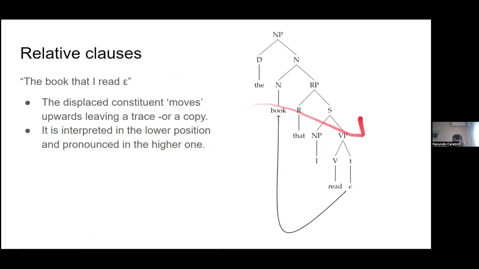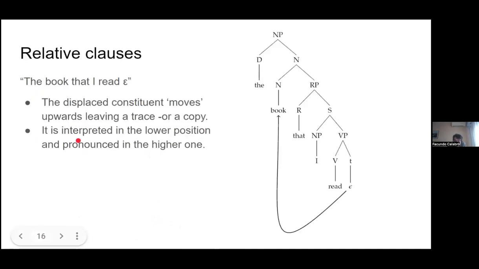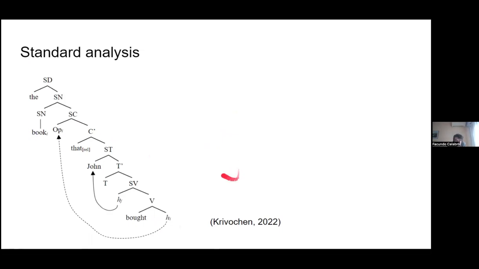And this analysis is pretty much the standard analysis within the generative tradition, where the relative clause is attached to the noun phrase, and then the noun would bind an operator that moves from the original position to the specifier of the complementizer phrase. This one is a simplified version, but the core of the analysis doesn't change.